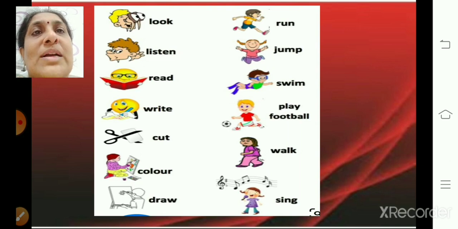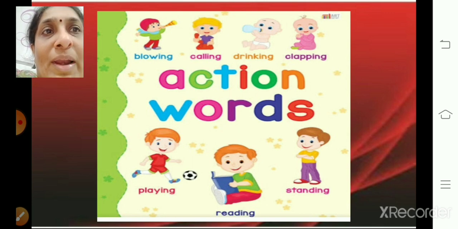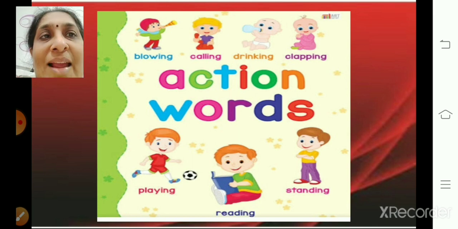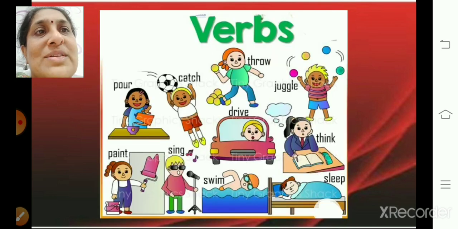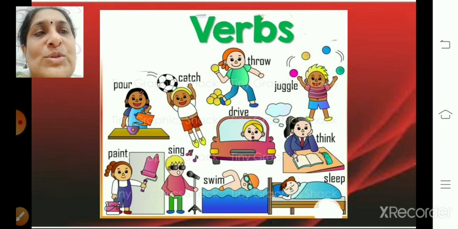And when the action is going on, we add ing to the word: blowing, calling, drinking, clapping, playing, reading, standing. All these are action words, and action words are also called verbs, as I told you.